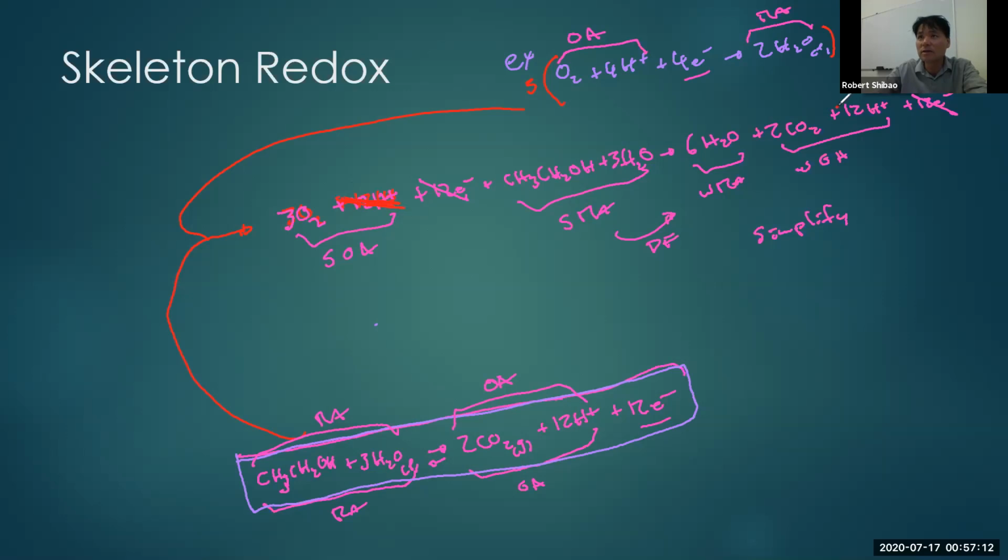I have 3 waters here, and 6 waters here, so let's cancel out 3 of the 6 waters. And so the net reaction, after I cancel things out, is 3 O2 gas plus ethanol, CH3CH2OH, yields 3 H2O plus 2 CO2s.